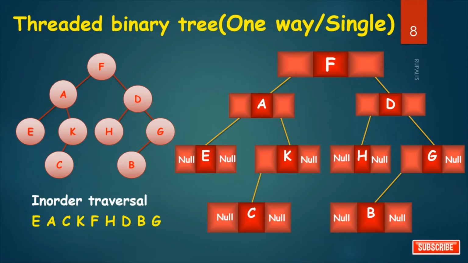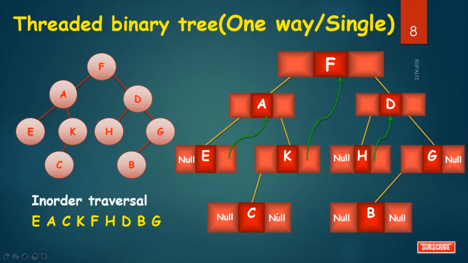So, here I can only use the right field because it is one-way threading. So, E, this is the node E, right of E is the address of A. So, this null will be replaced by the address of A. Right of K is null, and this null will be replaced by the address of its in-order successor, that is F. In case of H, this null will be replaced by the address of D. We can't replace this null because this one is the last node of the in-order traversal.